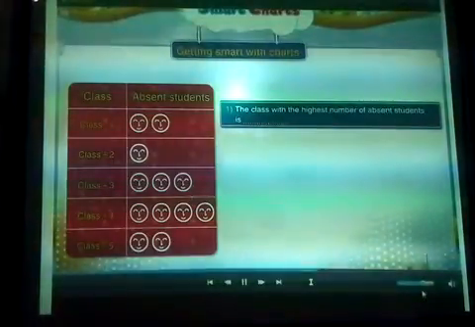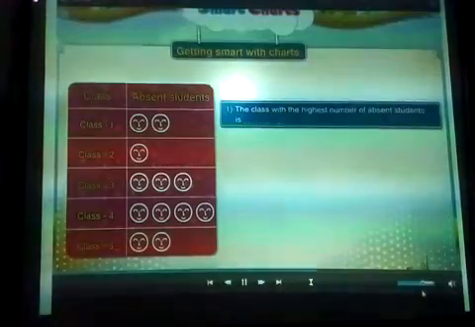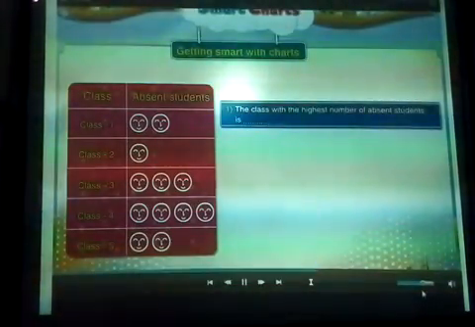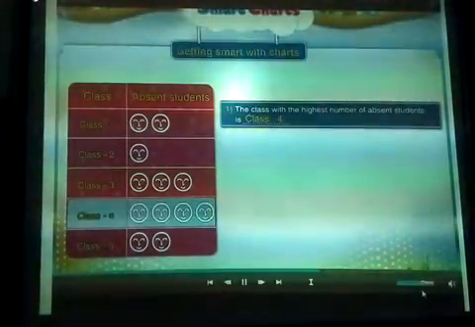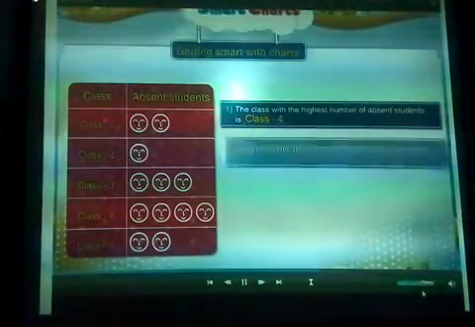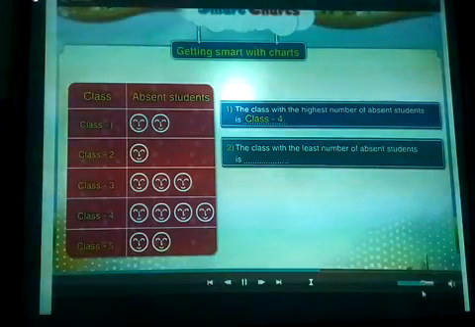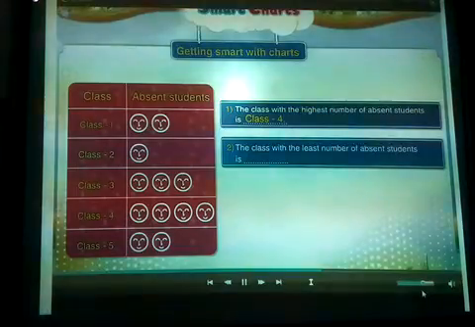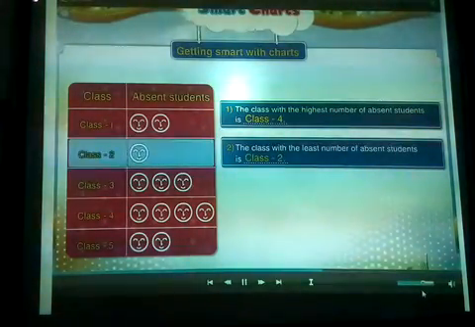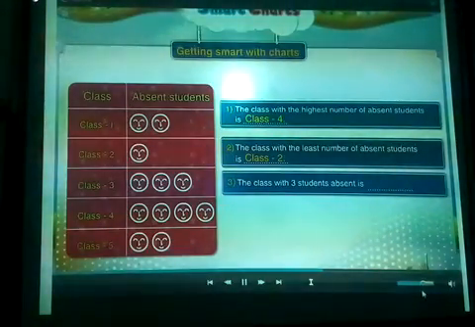1. The class with the highest number of absent students is dash. The class with the highest number of absent students is class 4. 2. The class with the least number of absent students is dash. The class with the least number of absent students is class 2. 3.